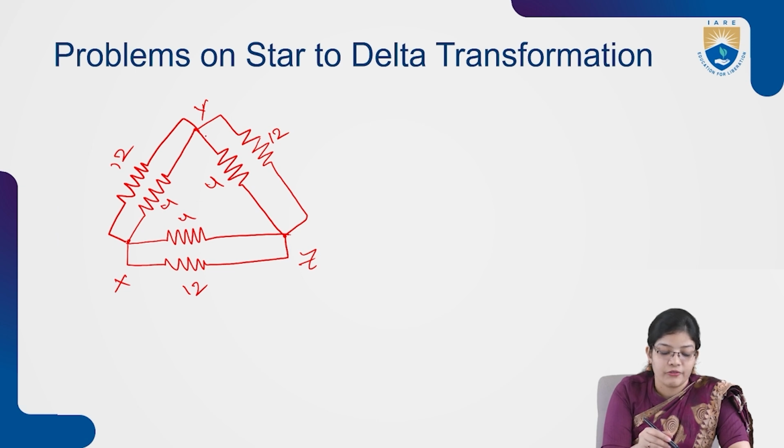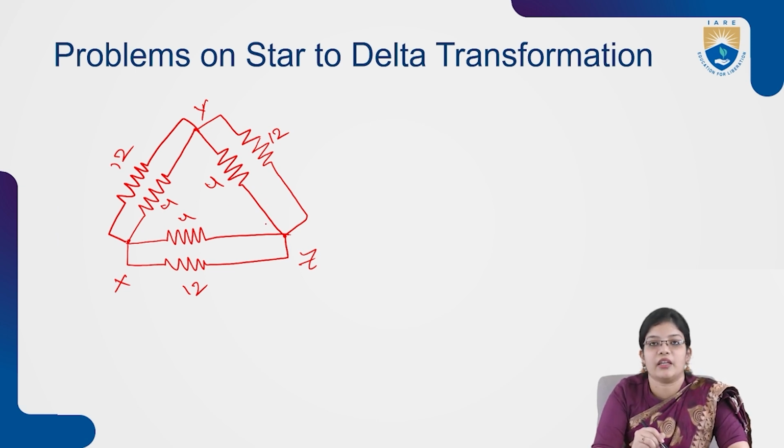Now we have to check whether these two connections are in series or parallel. In the previous class I told you that if the current is the same across all the elements, then the network is said to be in series. If the current is dividing in the circuit, then the network is said to be in parallel.